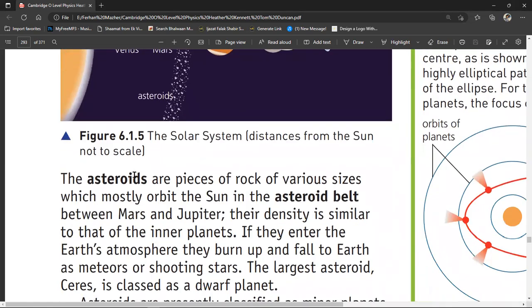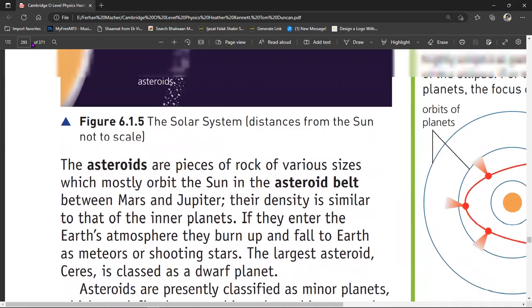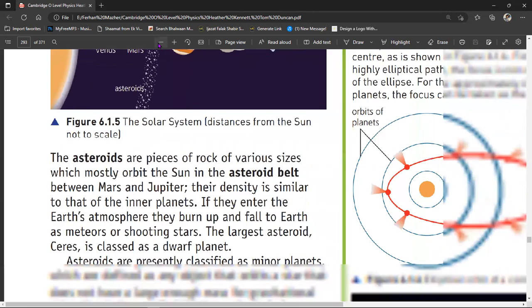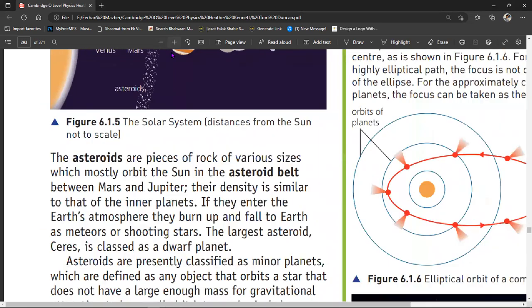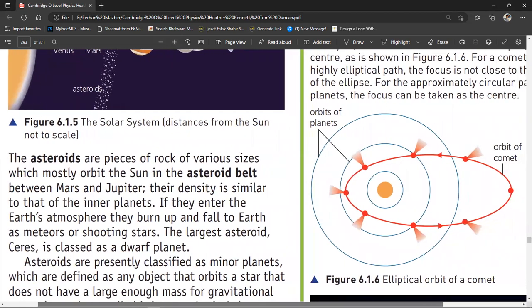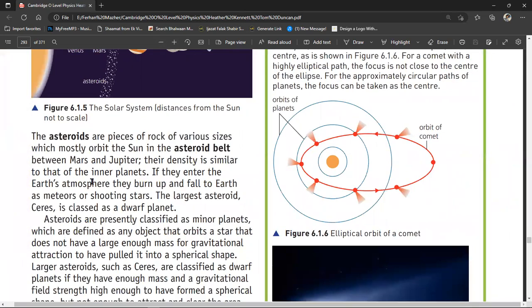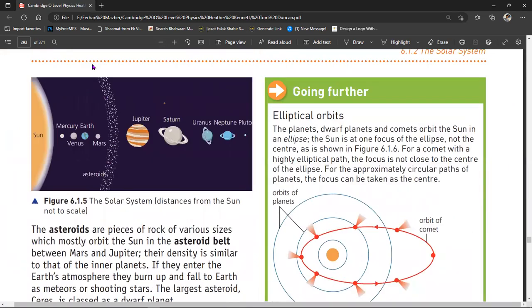The asteroids are pieces of rock of various sizes, which mostly orbit the sun in the asteroid belt between Mars and Jupiter. So basically, they are talking about this place.